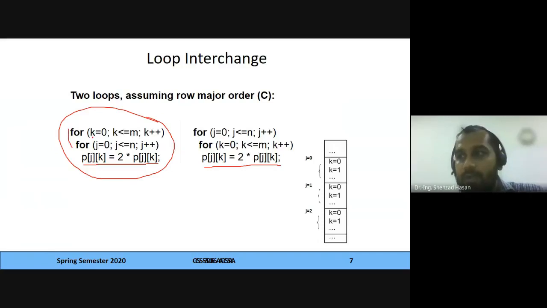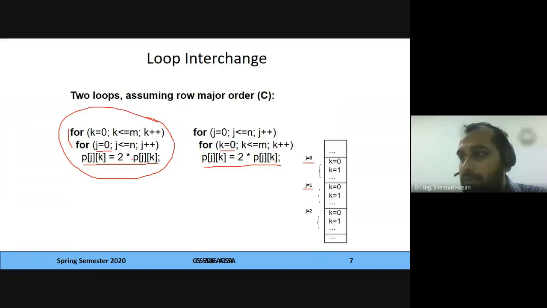So here we are changing the values of J frequently because that's the inner loop. But in this case here, we are changing the values of K frequently because that's the inner loop. The way we have stored these elements is that all the elements having the same value of J with different values of K are closer to each other, and then J changes.